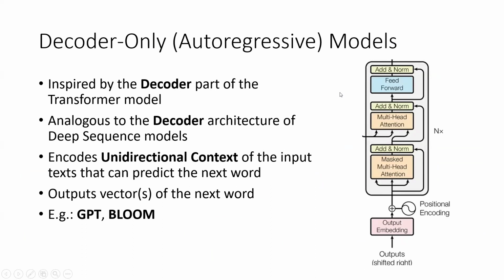So earlier we said that the encoder can encode the bidirectional context and encode the meaning into a vector or vectors. In the decoder, what it does is it can understand the unidirectional context so that it can predict the token which should come next, right?